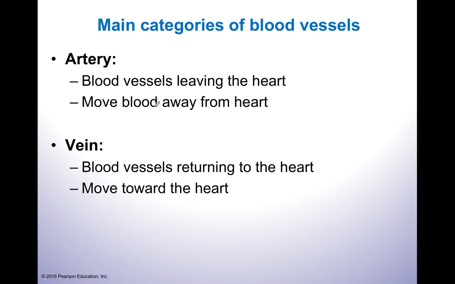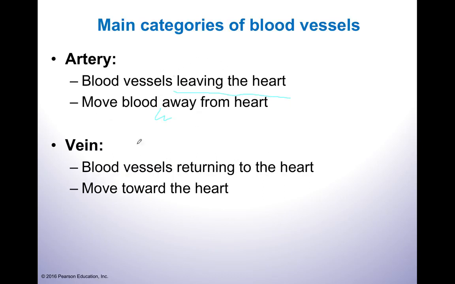Arteries are any blood vessels that are going to be leaving the heart. Again, it doesn't describe what type of blood is in those blood vessels. It could be oxygenated or deoxygenated, especially when it's associated with the heart. But the key point is that it's going to be leaving the heart.